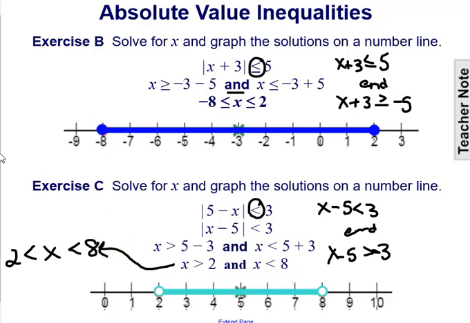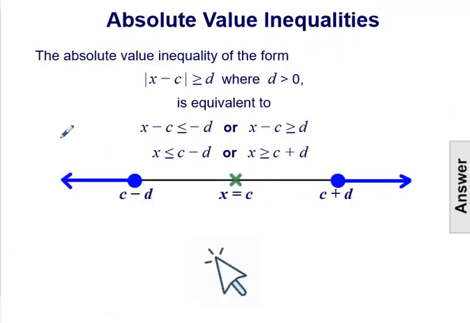Now we've been looking at less than, let's look at what happens with greater than. So here, when your absolute value inequality is in the form, the absolute value of x minus c is greater than or equal to d, where d is greater than 0, you can have it equivalent to x minus c is less than or equal to -d, or x minus c is greater than or equal to +d.